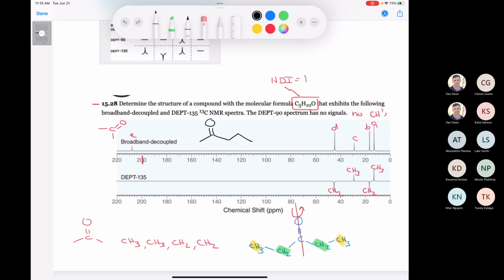So my question to you is this. I'm going to highlight this methyl in green, and I'm going to highlight this methyl in yellow. The methyl that I have highlighted in green, would that be signal A or C? Could anybody answer that? Keep in mind that C is the most de-shielded.